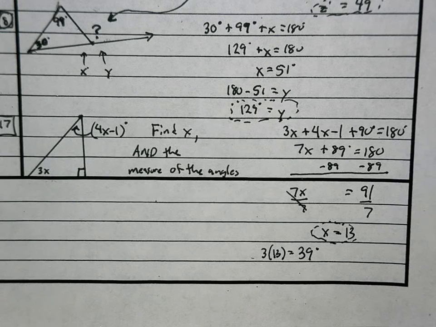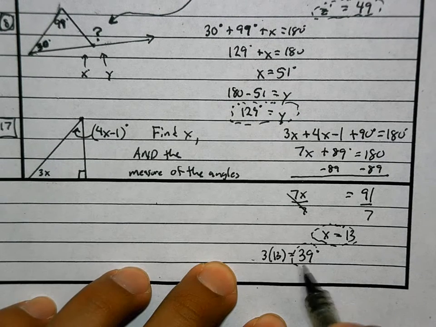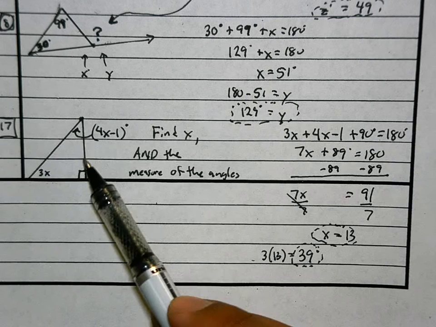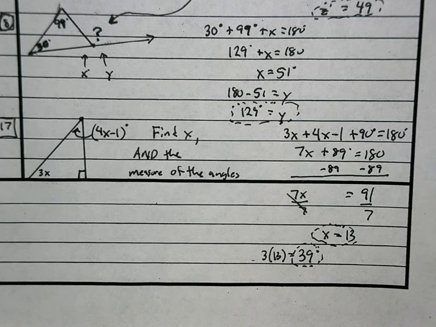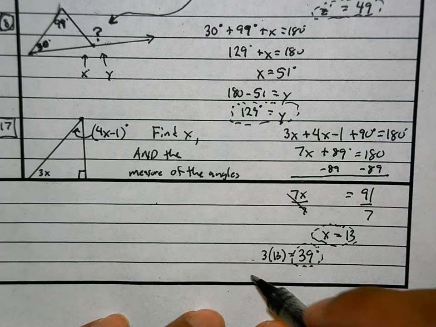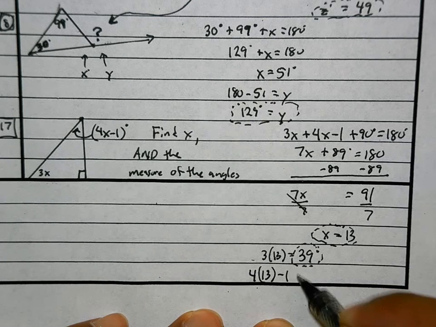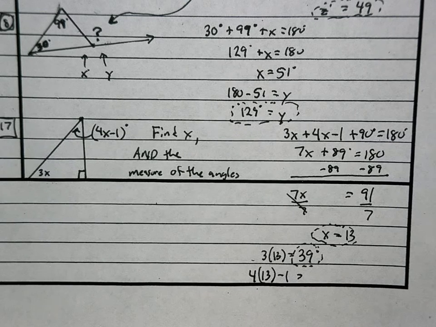I'm going to put another little circle around that because that's the second answer. We've got to find this other angle. We already know this one's 90, but this top angle. 4 times 13 minus 1, or you can subtract that from 180, should equal.